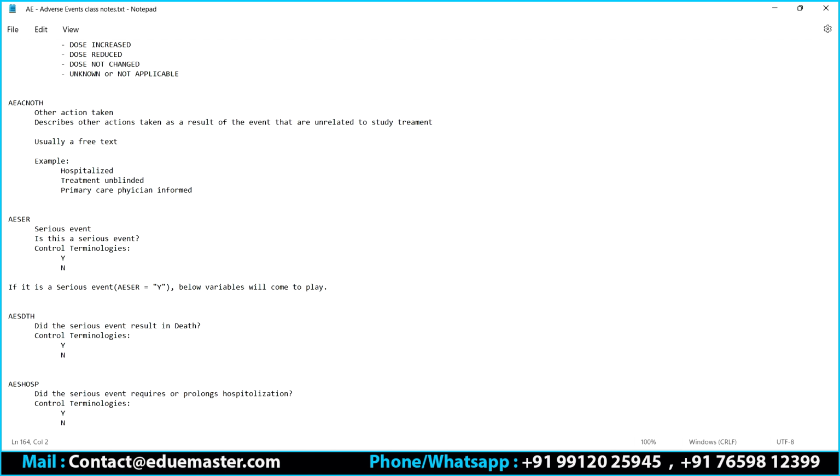Then AESER. So remember, there is going to be a slight difference between AESER and AESEV. SEV stands for your severity, so we have only three things there: mild, moderate, and severe. AESER will have only two values: yes or no. Is it a serious event or not?